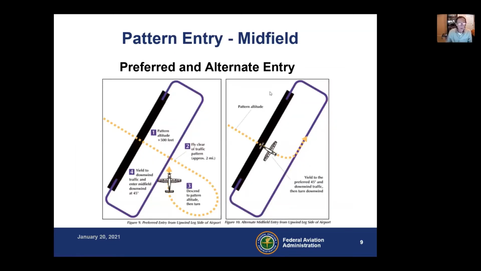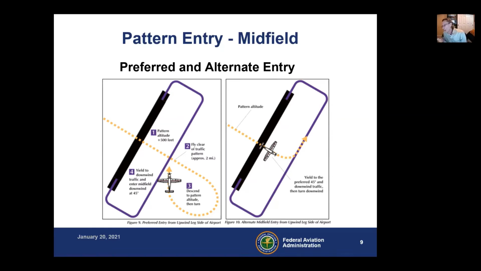So when overflying the airfield to enter the appropriate downwind leg, fly at an altitude that is 500 feet above the traffic pattern. Such an altitude is essential to avoid conflicts with aircraft in the pattern. When well clear of the pattern, approximately 2 miles, descend to the pattern altitude, and then turn to enter 45 degrees to the downwind leg at midfield.